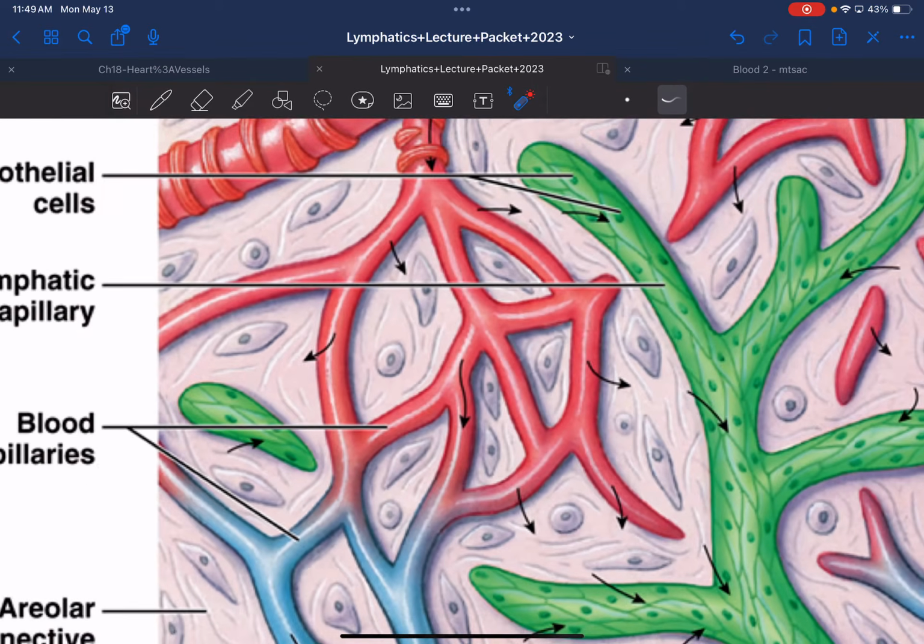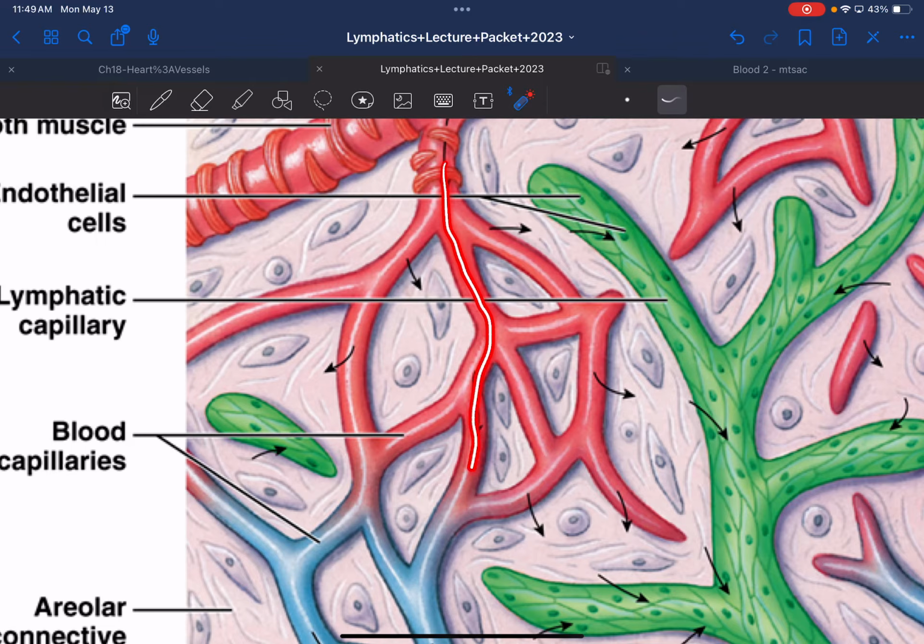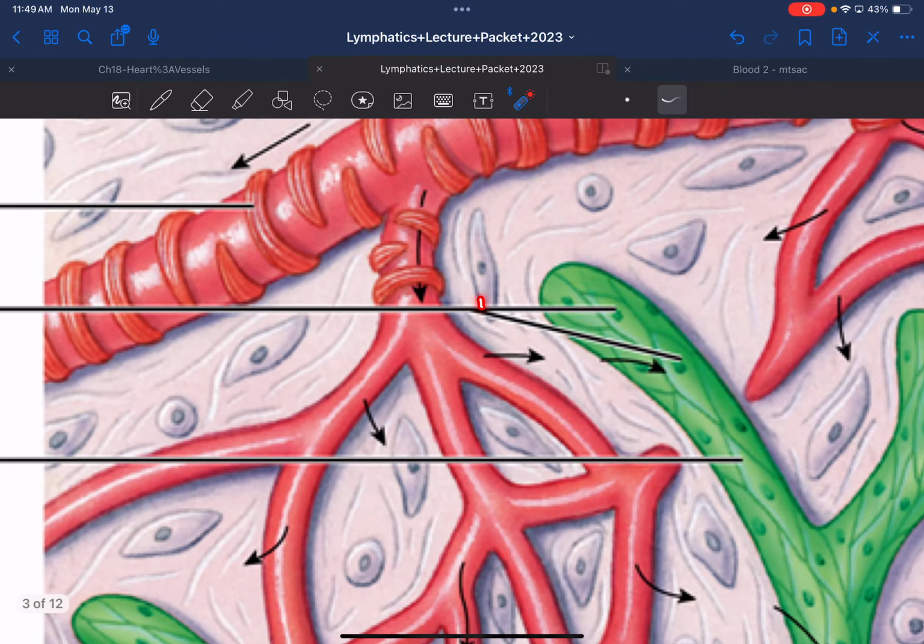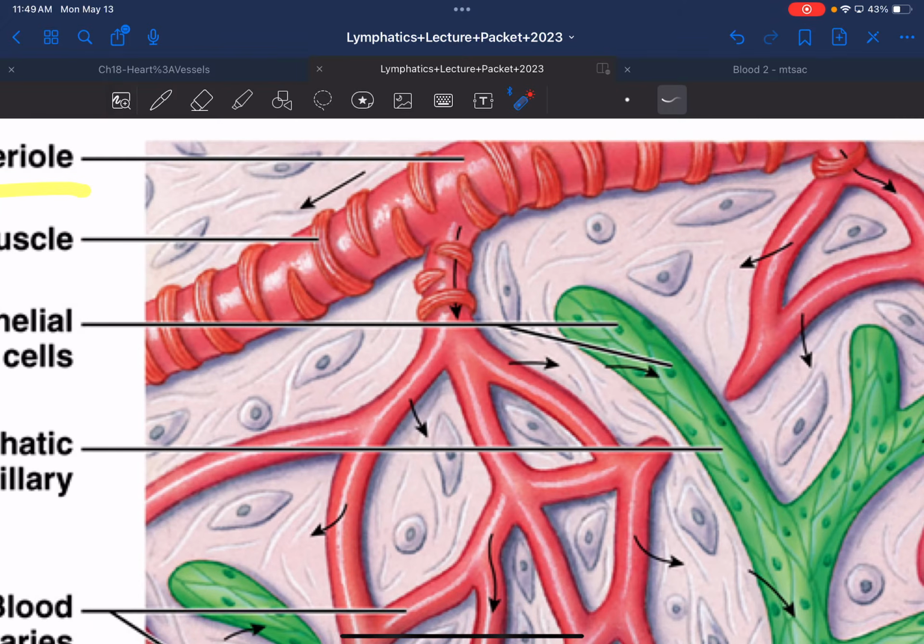But what also flows through it is plasma that contains nutrients and gases, and these little cells here are fibroblasts. And they are responsible for producing collagen fibers, elastic fibers, and even reticular fibers. And so they need nutrients. They need oxygen from the respiratory system.